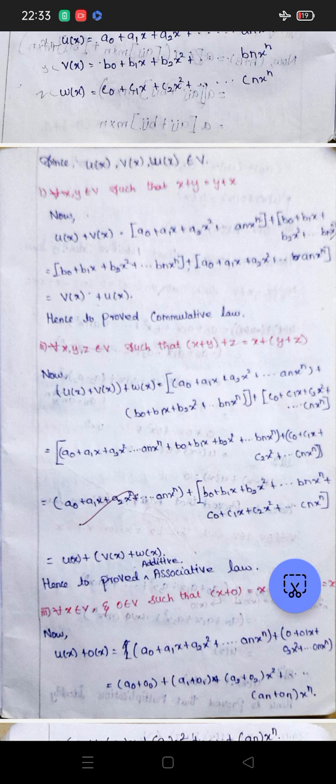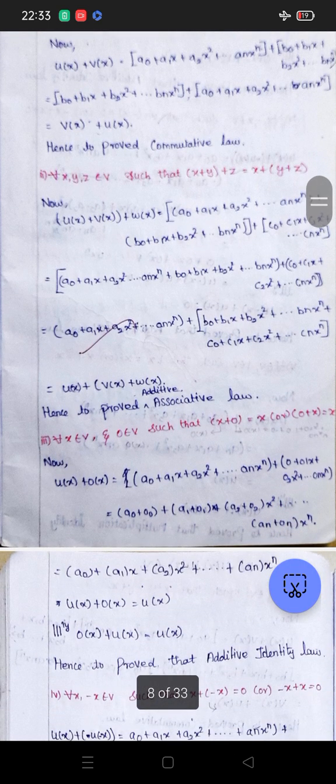The second condition: for all x, y, z belonging to V, (x + y) + z = x + (y + z). Here we already know that x is u(x), y is v(x), and z is w(x).